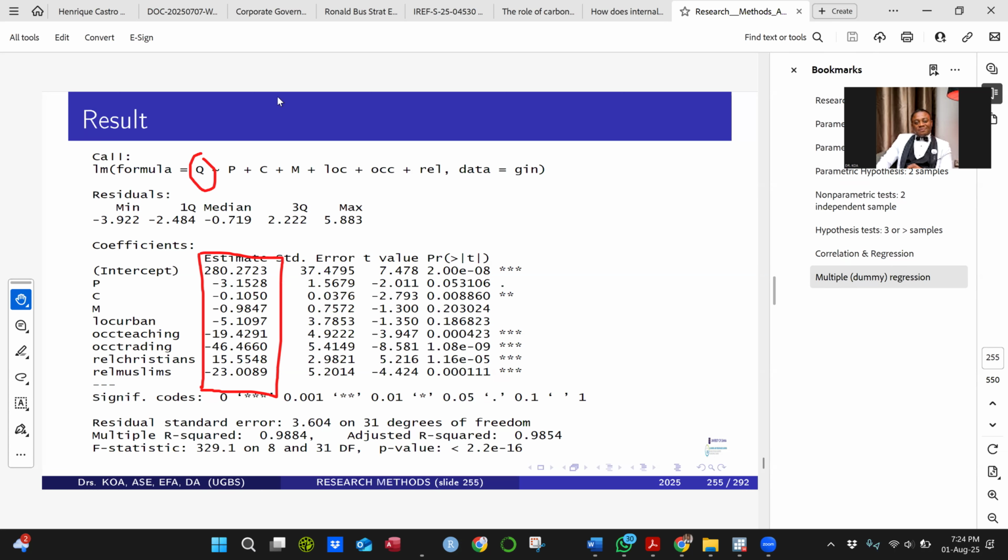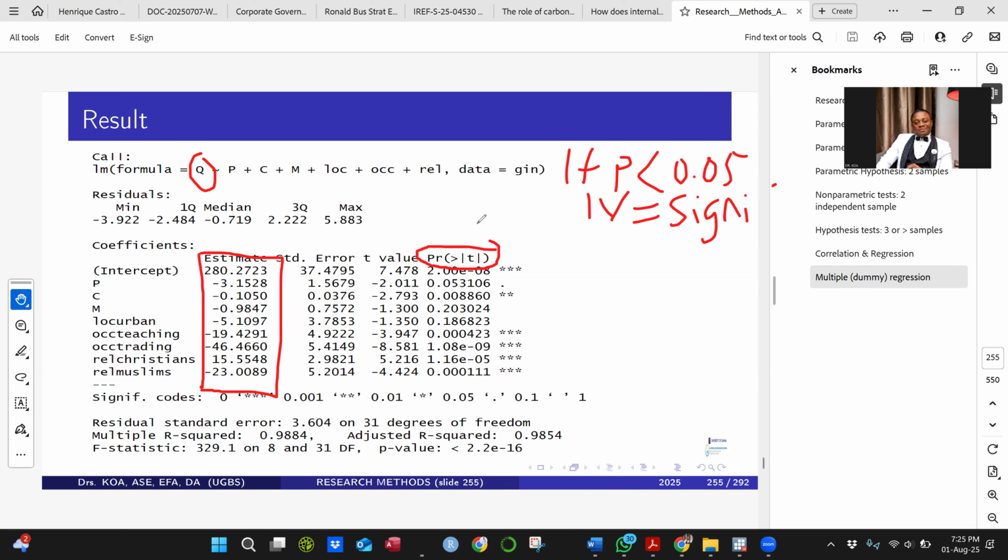You check the p-value. The p-value is the last section for each independent variable. If the p-value is less than, write this down, 5%, then that independent variable is significant.